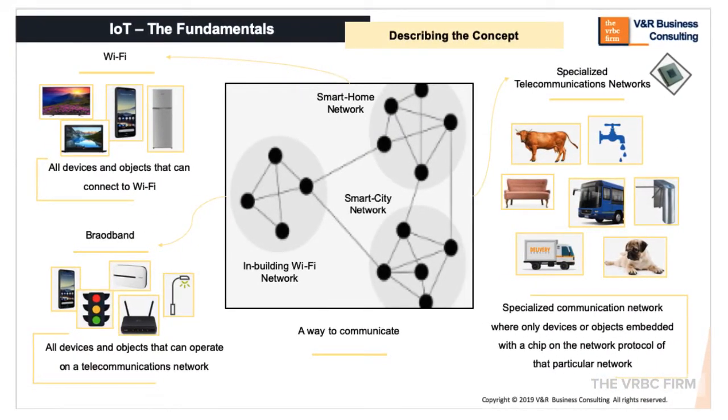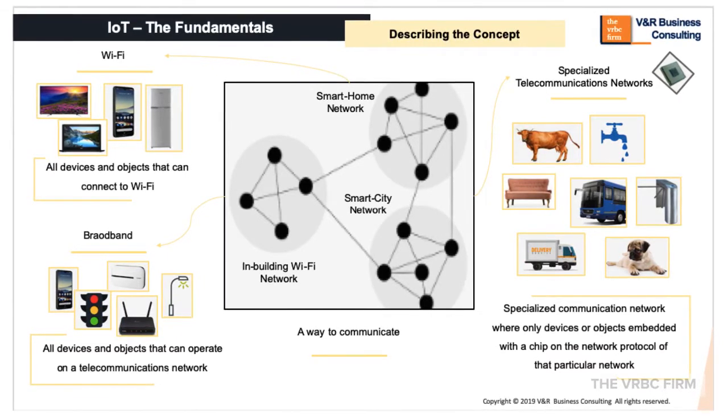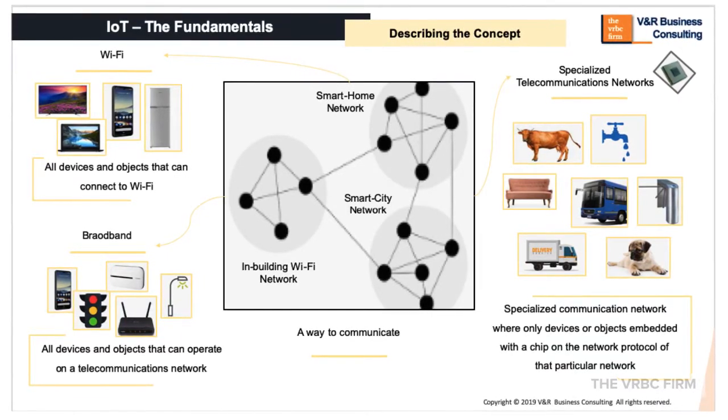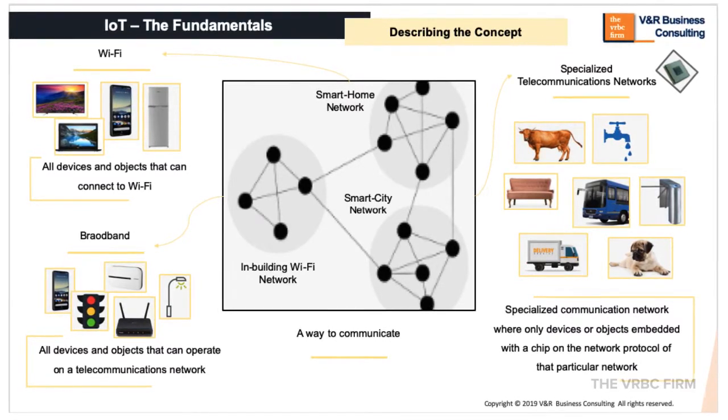Then we have specialized IoT networks that make it possible for unconnected objects to communicate. That's where we'll mainly focus in this course, how to set up such an operation, as well as the various commercial models around it.